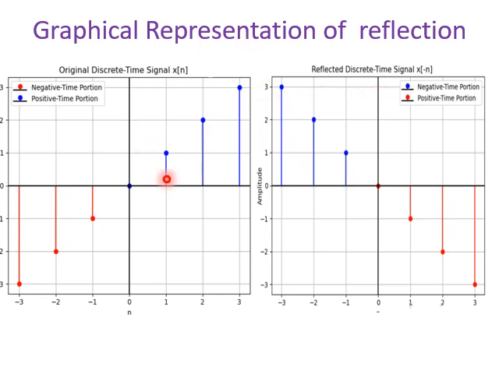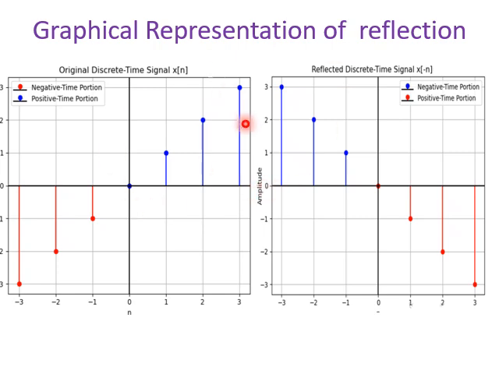In the original signal, the right side has positive amplitude, and on the left side it has negative amplitude. That means on the left side, the amplitude as well as the index is negative. On the positive side, the signal value and the index are positive. For example, this is +1, +2, +3, +4, +5, and so on.